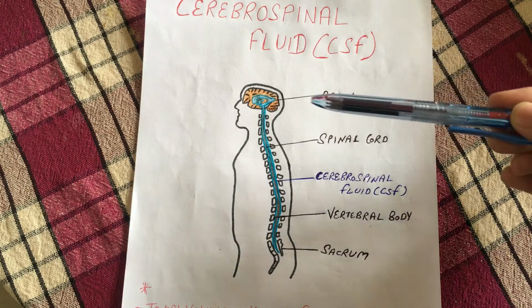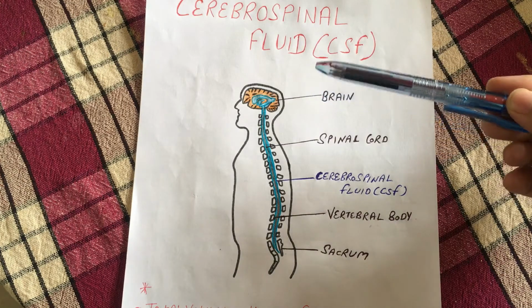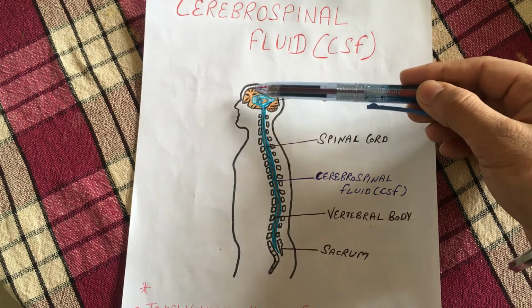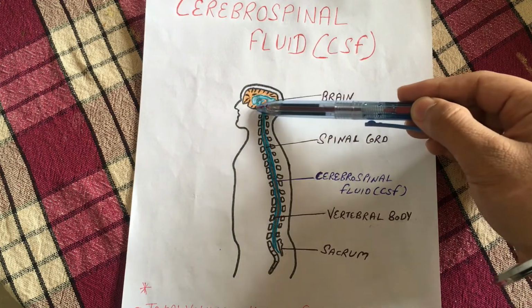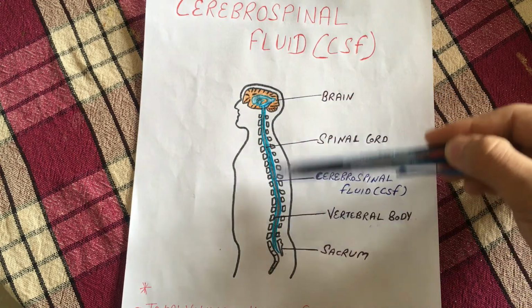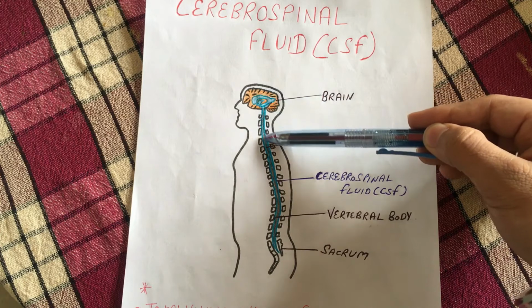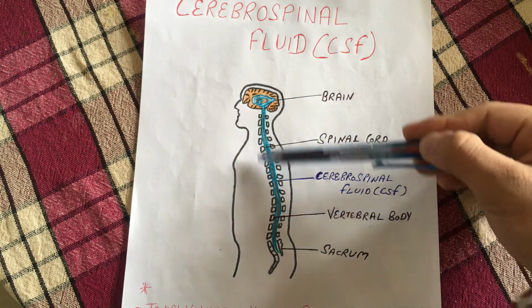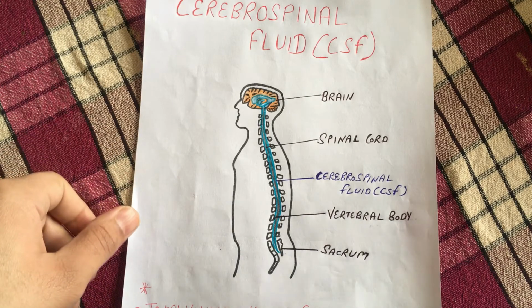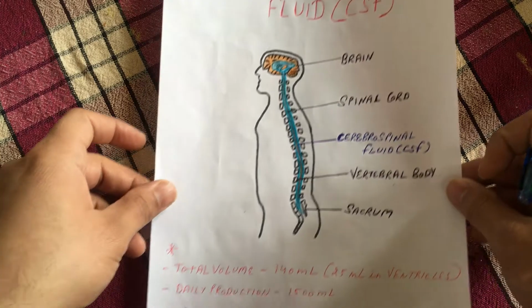Generally CSF fills the subarachnoid space, which I will show you in the next diagram, and it extends into the ventricles. This blue is the ventricles, and it also fills the central canal of the spinal cord. So this whole blue is the CSF, as you can see in this diagram.